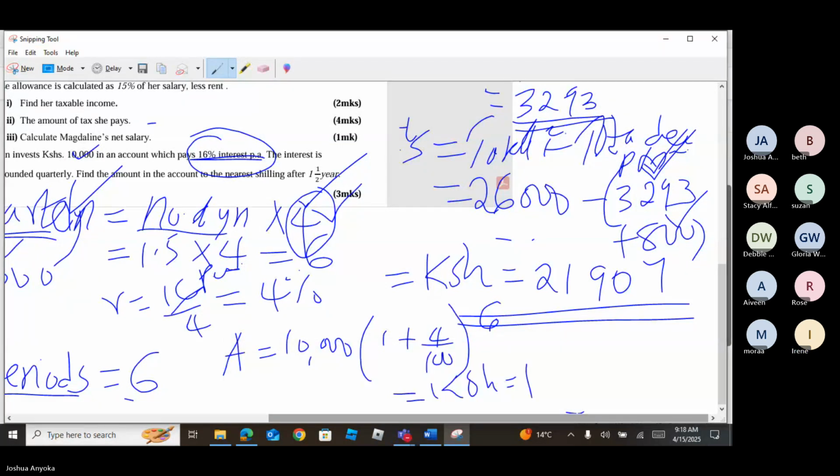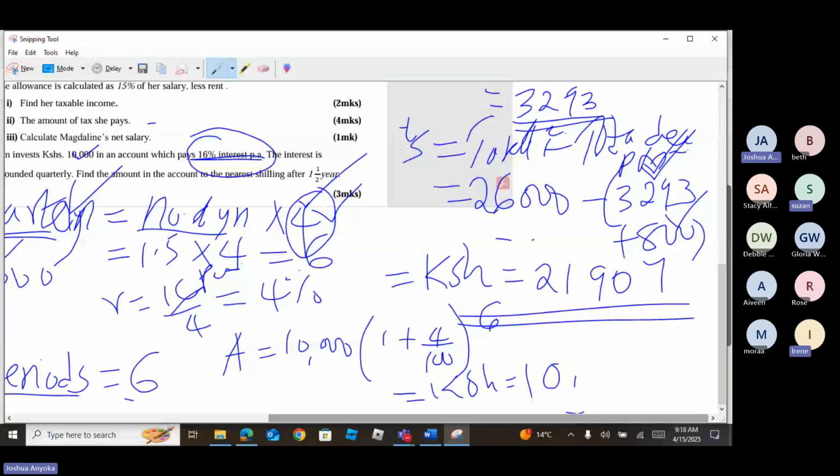10,001.26532. 10,001. That is too small. Check on the working, the interest is bigger.